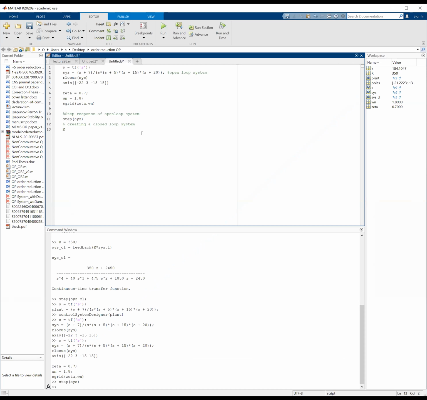I want to specify the value of gain, and our gain was 269. Okay, my gain was 269, and I'm gonna create SYS underscore CL is equal to feedback K multiplied by SYS, that was the open loop, and I had a unity feedback.